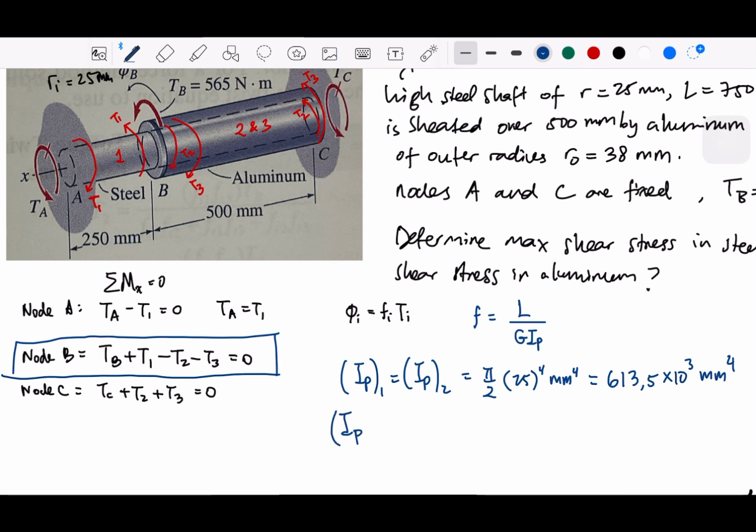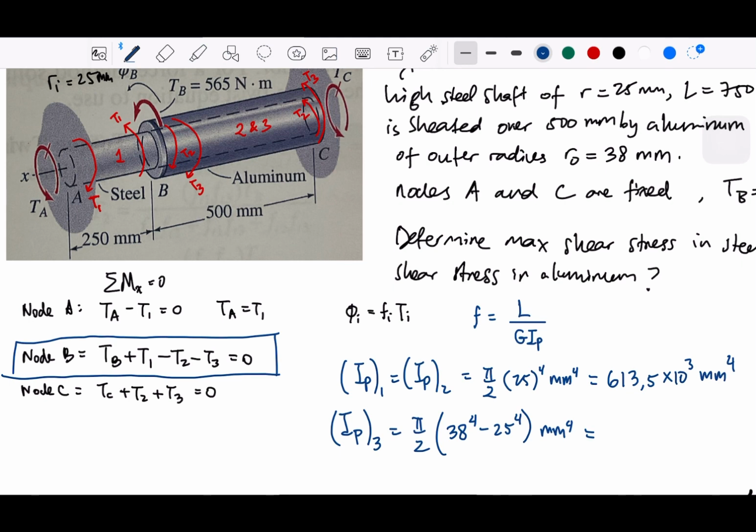And then the inertia for material 3, which is the aluminum, will be pi over 2 times 38 to the power of 4 minus 25 to the power of 4 millimeter to the power of 4.